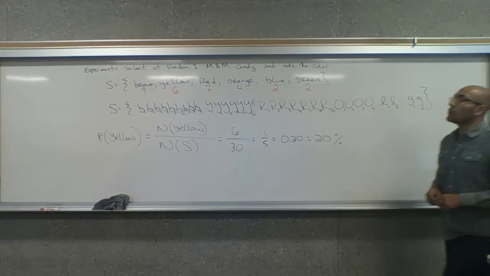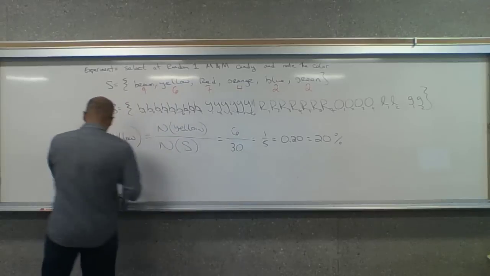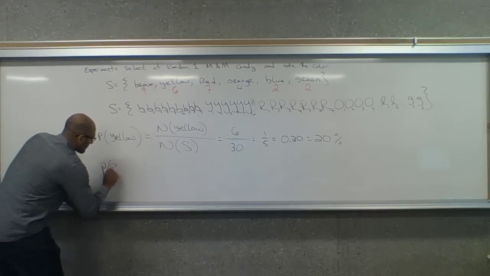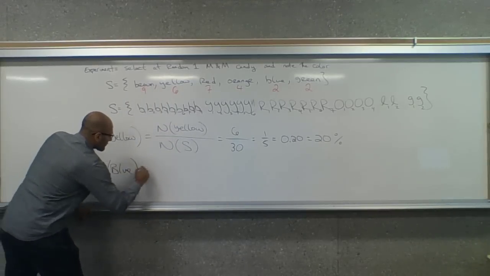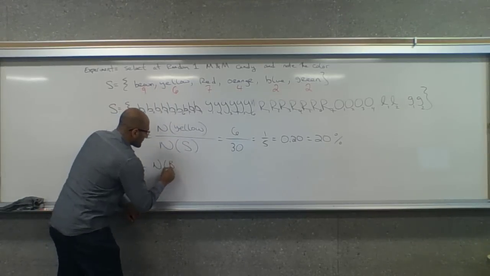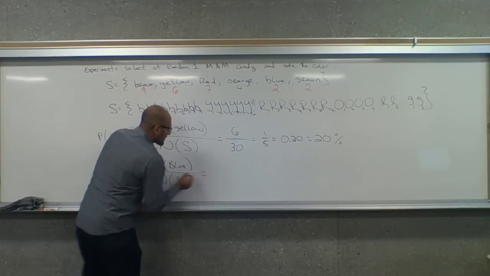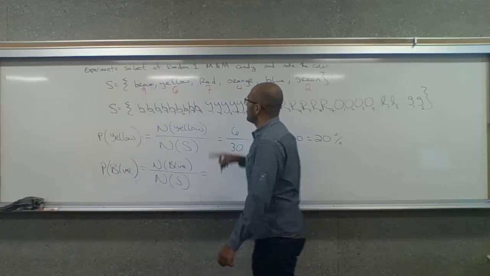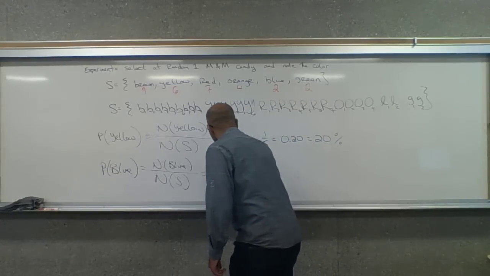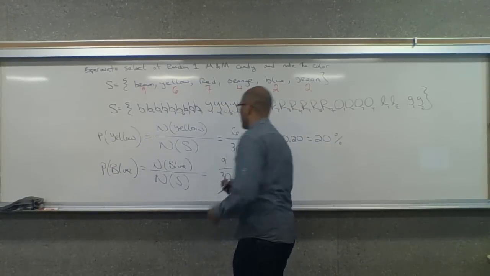What's the probability of getting a blue one then? Number of ways of getting a blue divided by the number of values in our sample space, which is equal to blues, there were 2 of them, divided by 30.